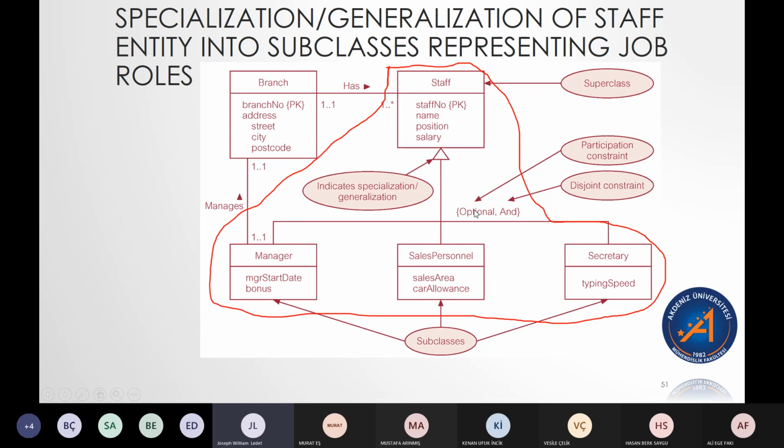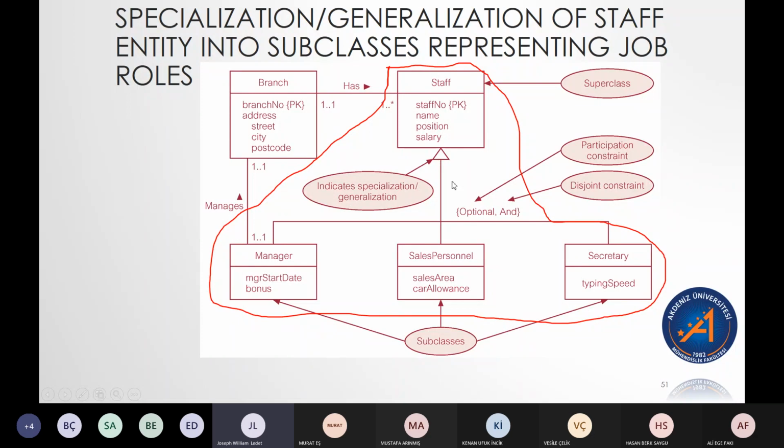So optional simply means that being a member of the child class, being a member of the subclass is optional. It's not required. So what that means is we could have people who are just staff. We could have people who are staff people who are managers. We could have people who are staff who are secretaries, people who are staff who are sales personnel. Right? So optional, I can be a member of the subclass, but I don't have to be.